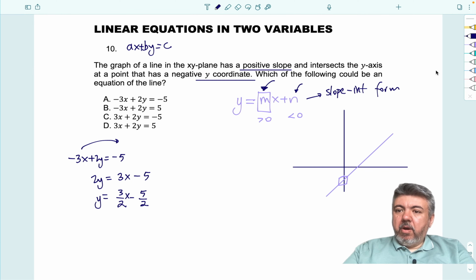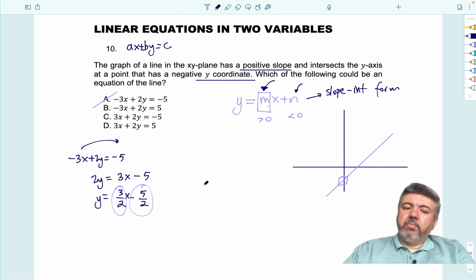So, the option A gives me the correct answer, because the slope is positive and the y-intercept is negative. The choice A is the correct one, but I want to assure you that the others are not correct.